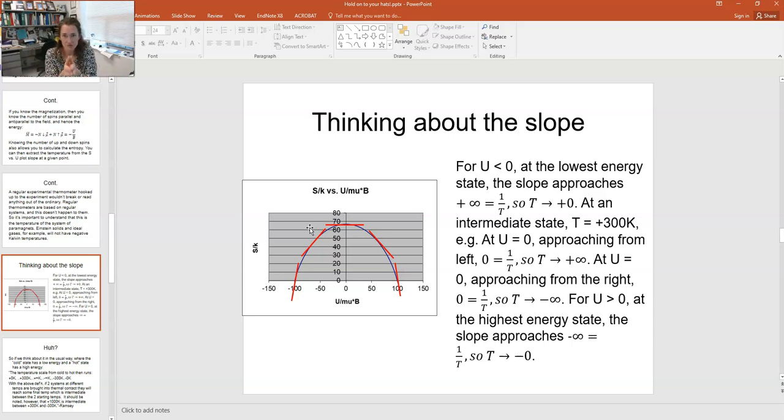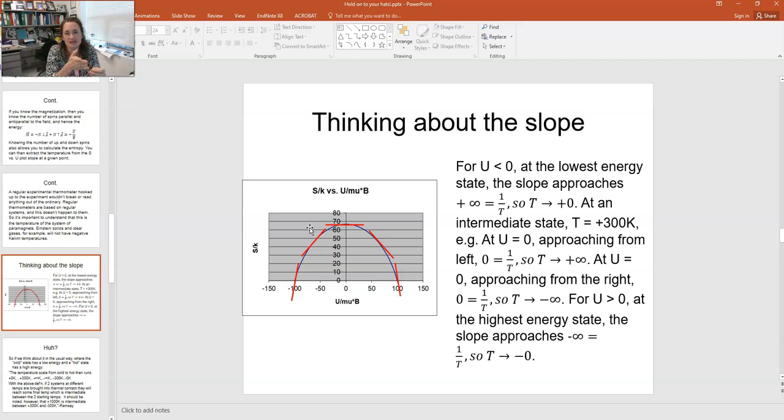Now let's go to the middle of the plot, which is the tip top of our S versus U curve. What's the slope at the top? Well, that's an inflection point, going from a positive to a negative slope. So right there in the middle, the slope is 0. So at U equal to 0, if we're approaching from the left, then 0 is equal to 1 over the temperature, which means the temperature, approaching from a positive slope on the left, is approaching positive infinity.